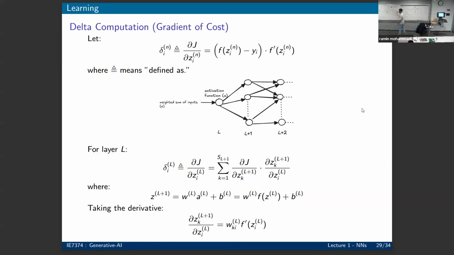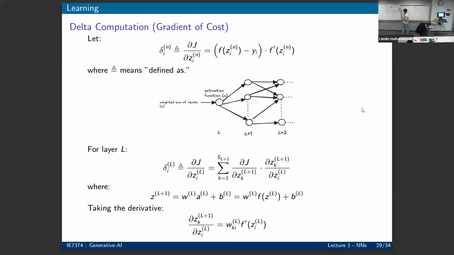You are trying to take a derivative of Z with respect to what? Z n-1 i. Oh, there's a times, sorry, I missed something. W times the output of that node. What's the output of that node? Activation over the input to the node. And the input to the node is Z n-1 i plus a B. So what will be the derivative of this term with respect to Z n-1 i?